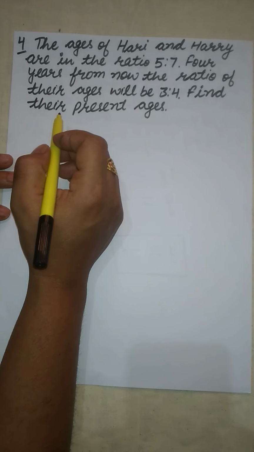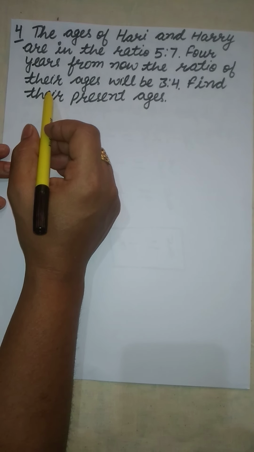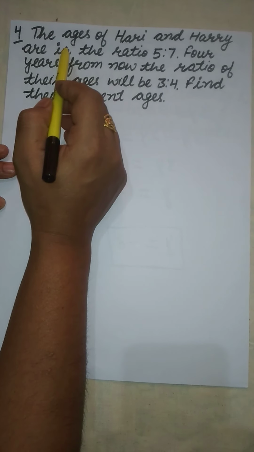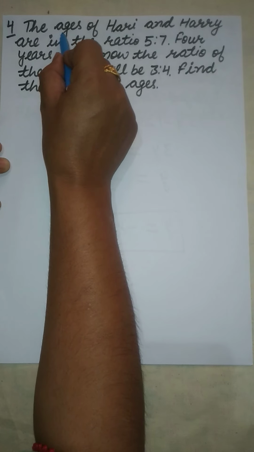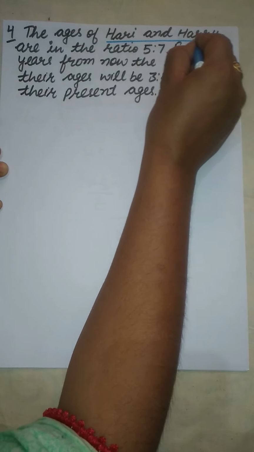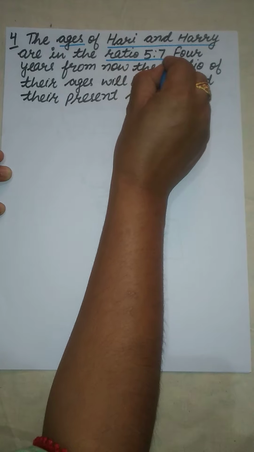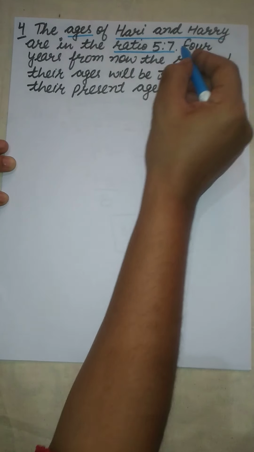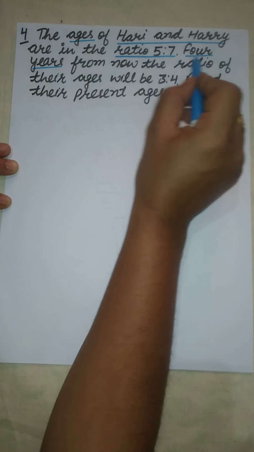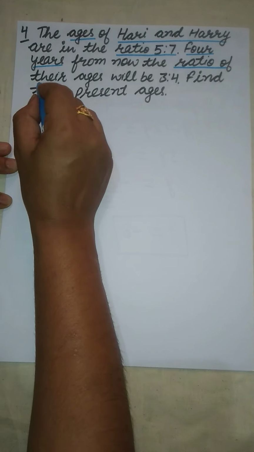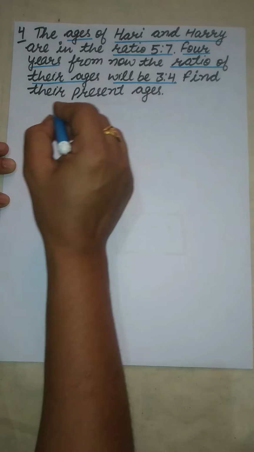Students, question number 4 is statement question. Firstly, we will make the equation. The question is, the ages of Hari and Harry are in the ratio 5:7. 4 years from now, the ratio of their ages will be 3:4.